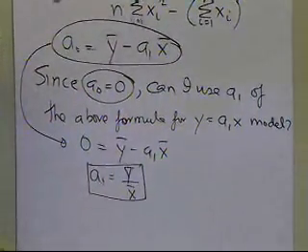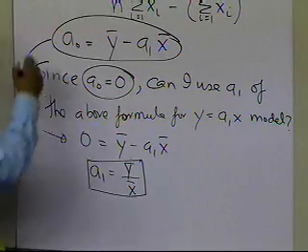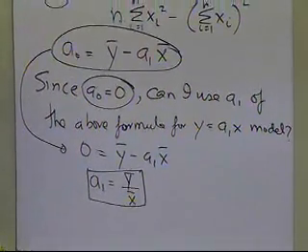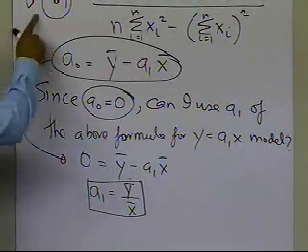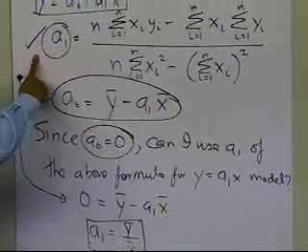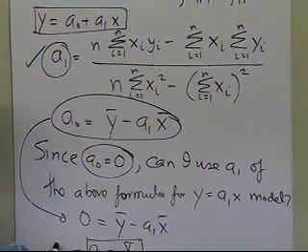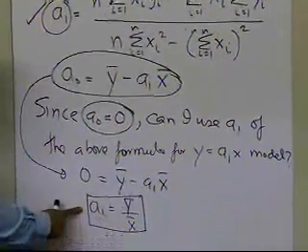But what is wrong with this? There are a lot of things wrong with choosing this to be the value of a1 for your y is equal to a1x regression model. So you cannot use this expression for your a1 for your regression model. You cannot choose this one for your regression model.